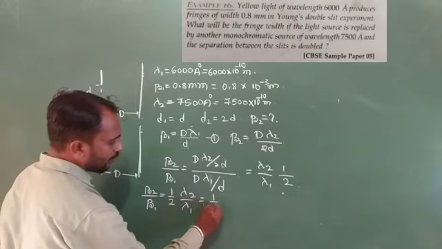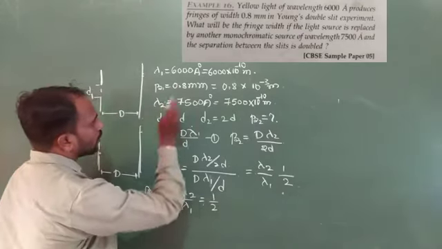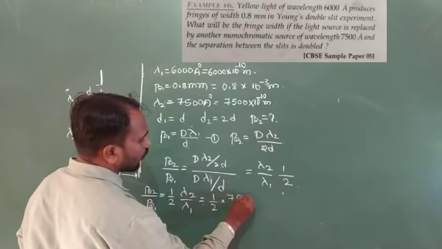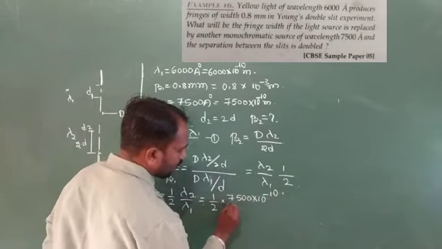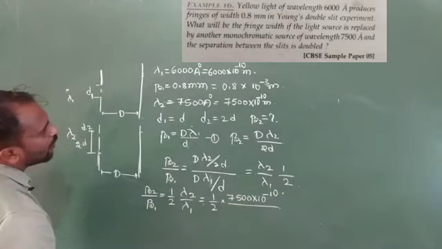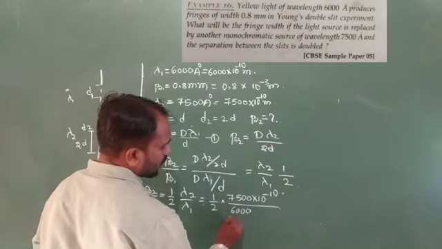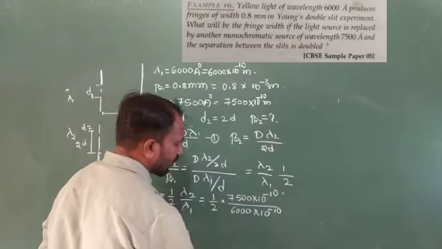So 1 by 2, lambda 2 value 7500 into 10 power minus 10, divided by lambda 1, 6000 into 10 power minus 10.